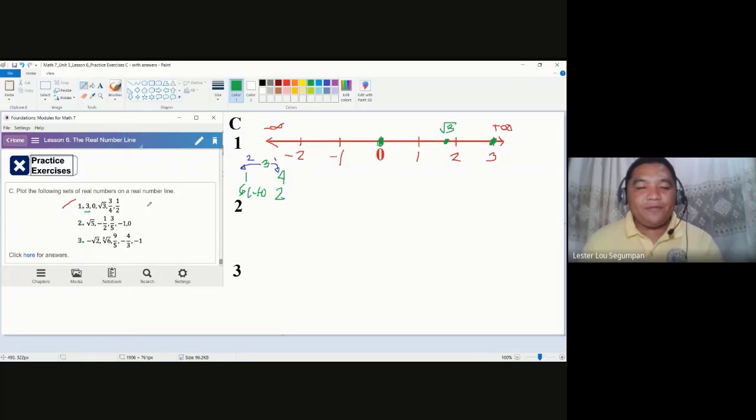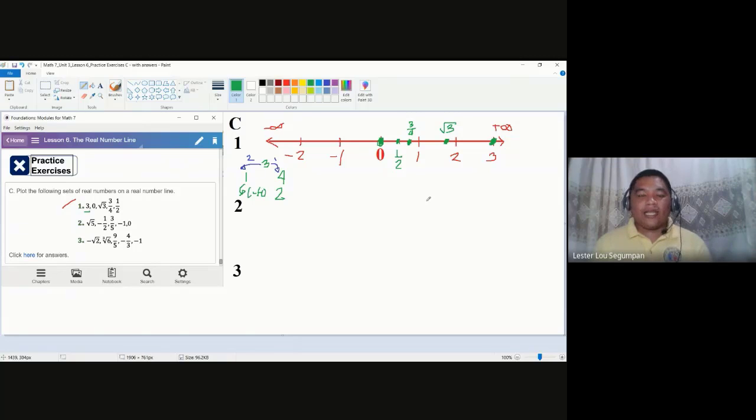Next, 3/4. 3/4 is 0.75. Okay, so this is 3/4. And this is now your 1/2. So this is now the real number line representing number 1. The previous activity will tell us if the arrangement is correct.